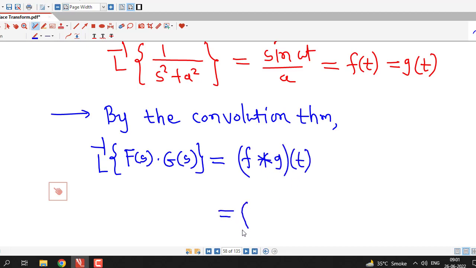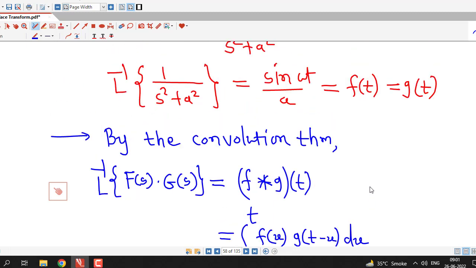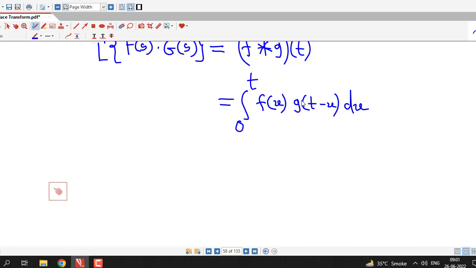This is equal to, by the definition of convolution, the integral from 0 to t of f of u g of (t minus u) with respect to u. F and g are the same, sin at by a. Therefore f of u is sin au divided by a.